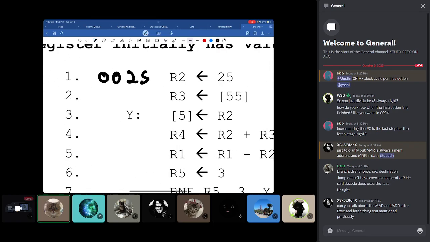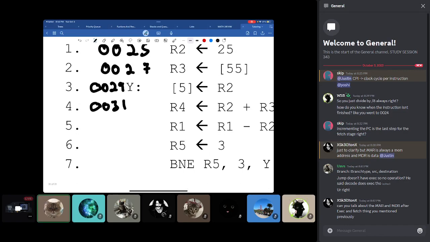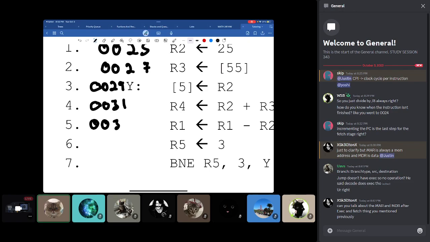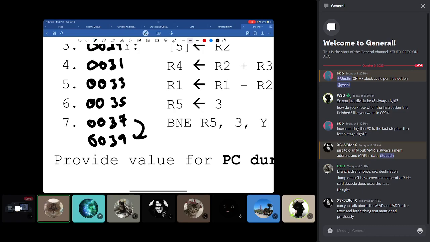From there, we could do 0027, 0029, 0031, 0033, 0035, 0039. Again, I just put it by extra because PC always stores the address of the next instruction. Okay.